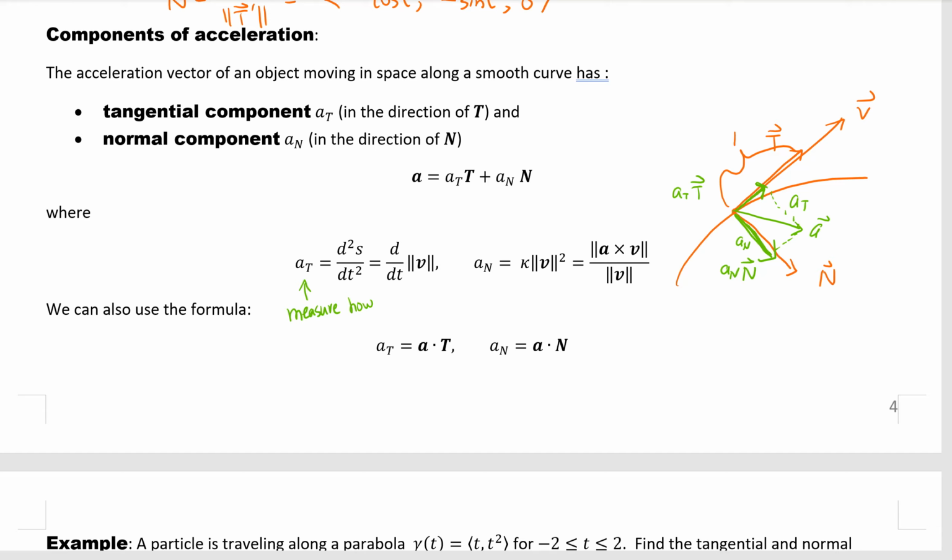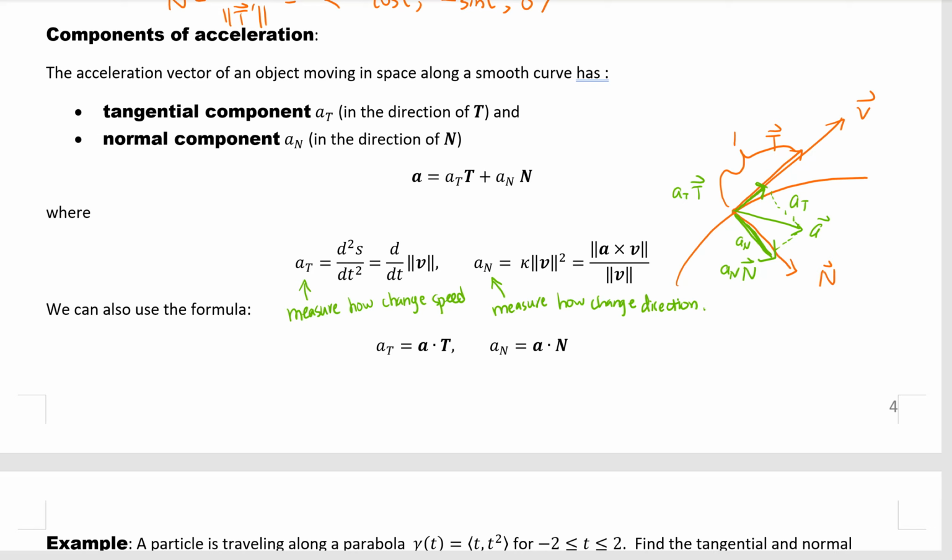So A_T measures how we change the speed, and A_N measures how we change the direction. So far so good, everybody?